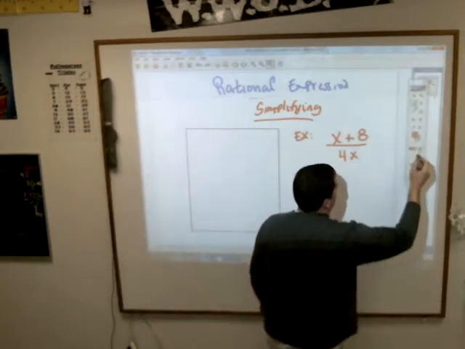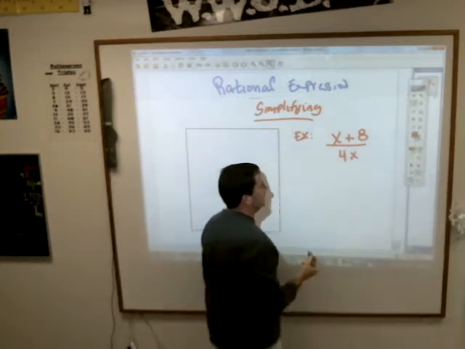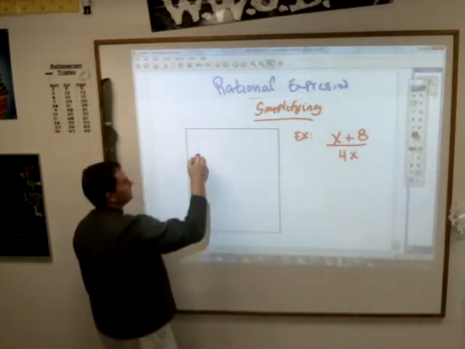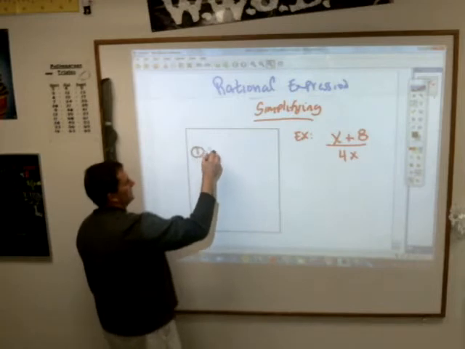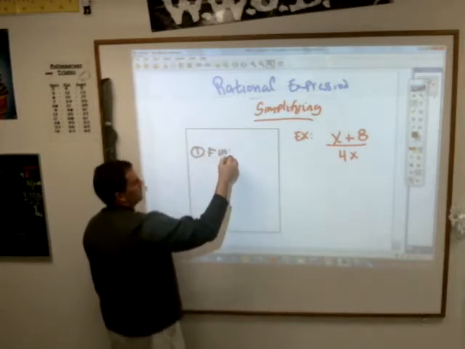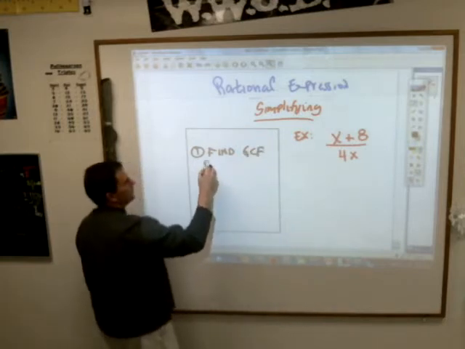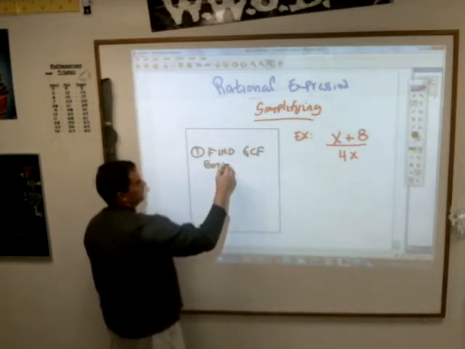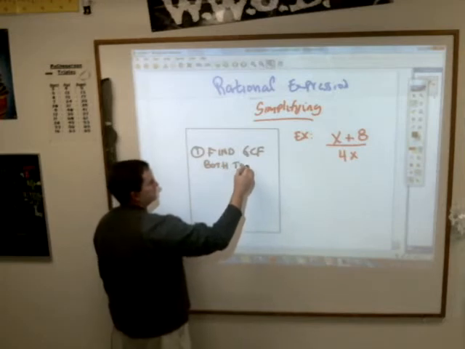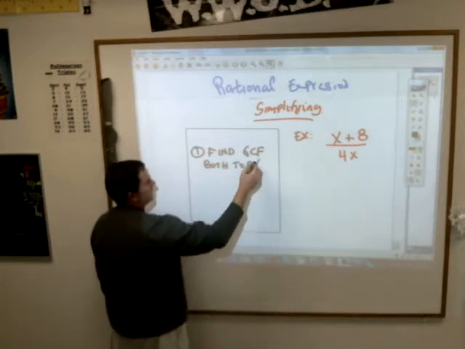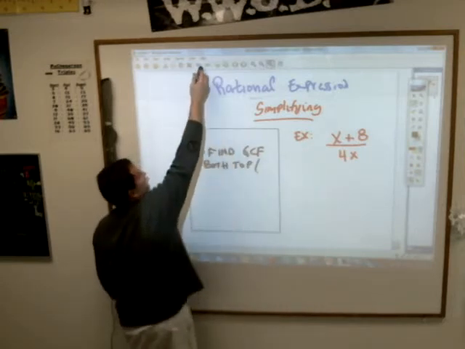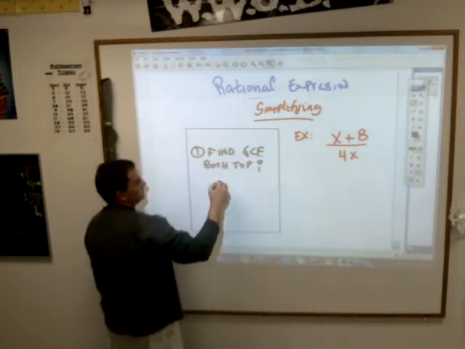What you need to do is step number 1, you want to find the greatest common factor of both top and bottom. Top and bottom. This is really what you need to do.